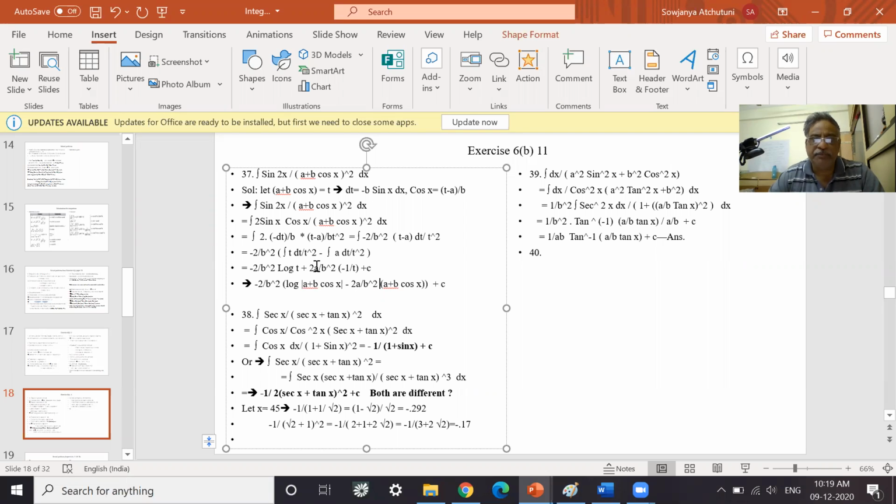Because if you see here, integral a by t square, minus of integral a by t square becomes a by t. A by t into minus 2 by b square. So minus 2a by b square into bottom t. Okay.